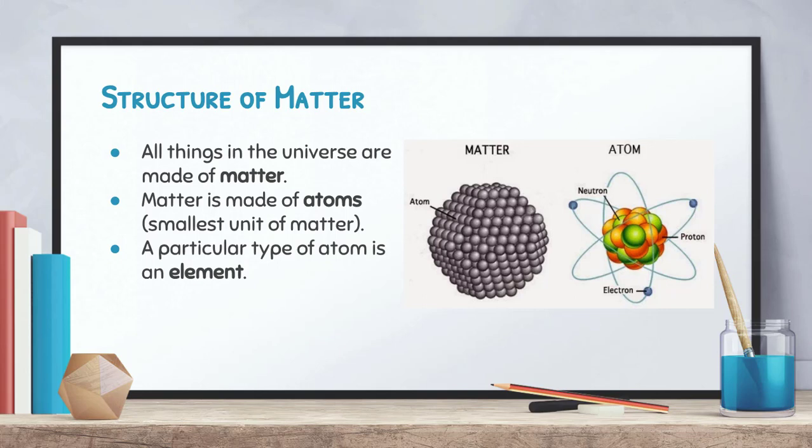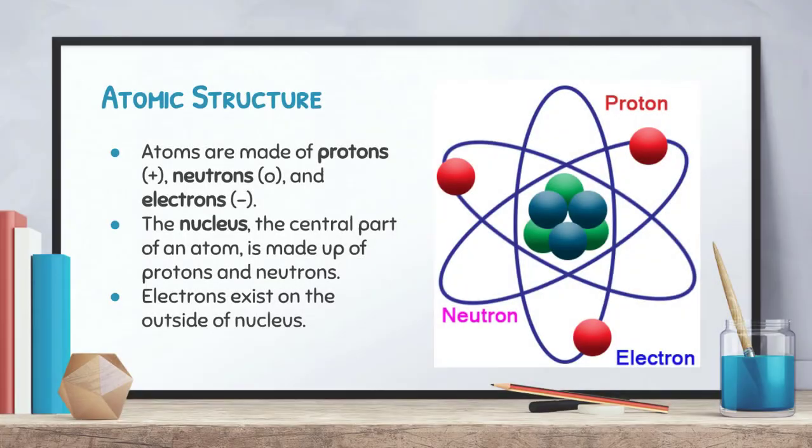And a particular type of atom is known as an element. So there's a difference between silver atoms and gold atoms. And we'll look at what makes those differences here in just a minute. But keep in mind that everything in the universe is made up of matter, and that's made up of small individual atoms, and atoms of the same type make up an element.